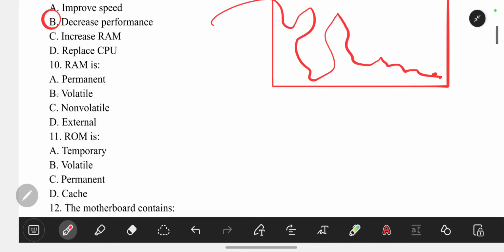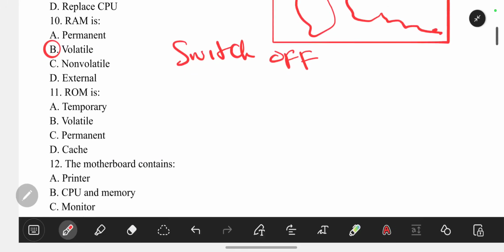When we look at our 10th question, it says that RAM is volatile, meaning it disappears whenever a device is switched off. When we switch off, you will find that the things that were running in temporary memory disappear, because RAM is temporary. So it's volatile, meaning it loses its content when the power source is cut. Now ROM, on the other hand, is permanent.